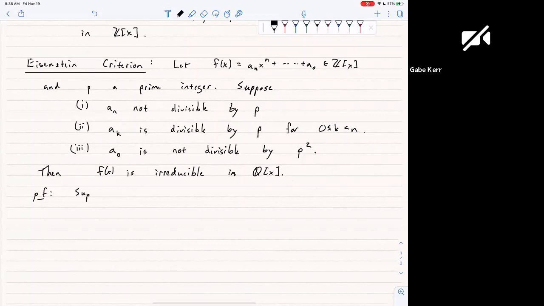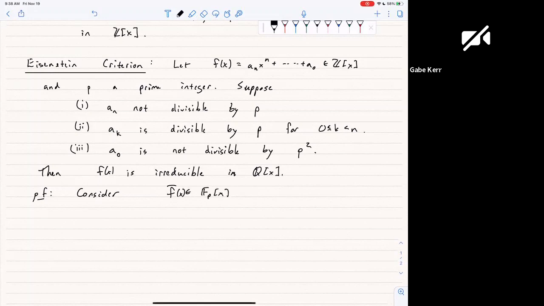So let's consider f mod p. Consider, with notation, f bar, not to be confused with complex conjugate, which we're going to talk about in a second. Consider this as an element of F_p[x].